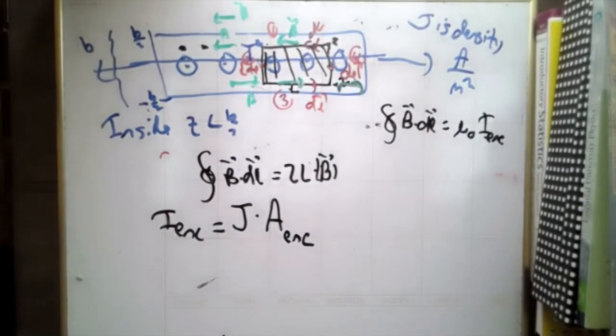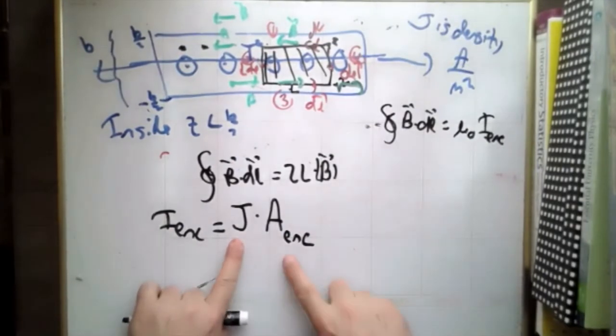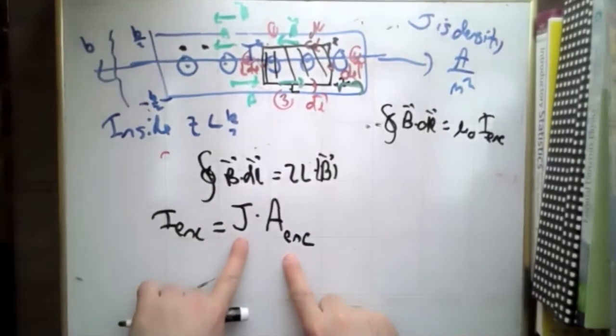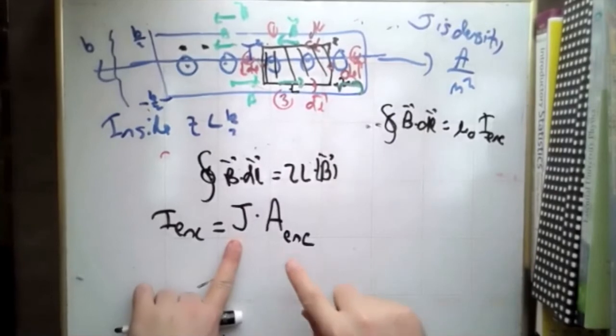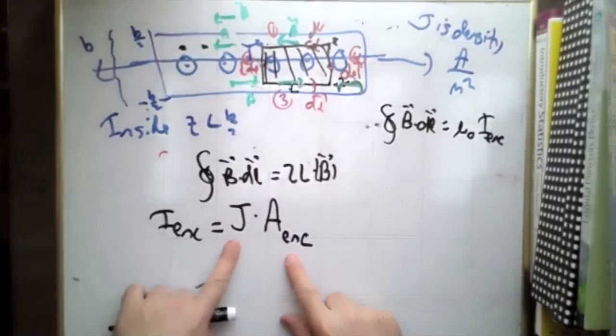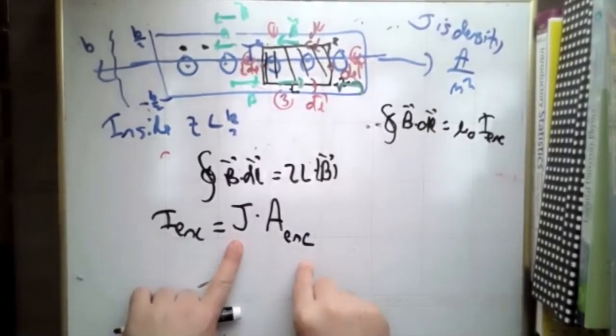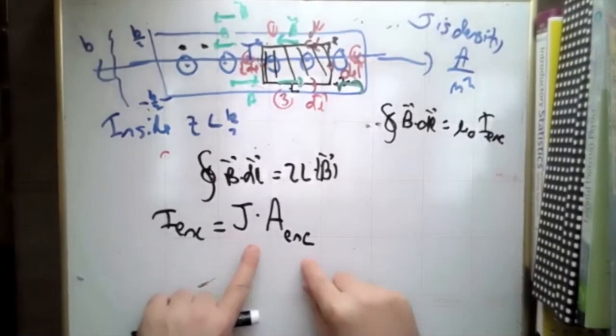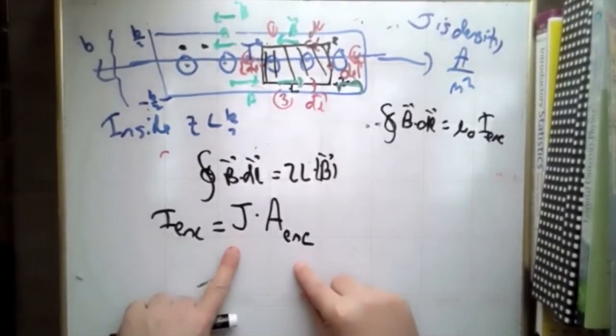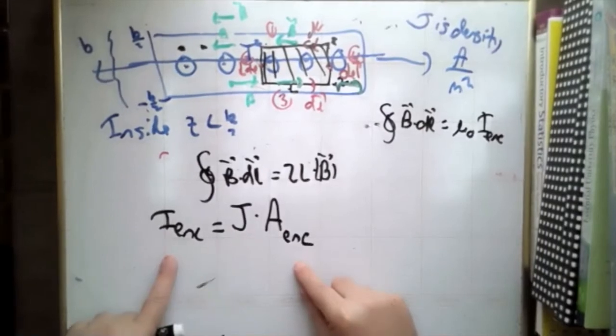When I say particular version, you have to use the units of J to figure out what it should be. If J is amps per meter, then it will be a length. If J is amps per square meter, it will be an area. These two should multiply together to give amps, because I is in amps.